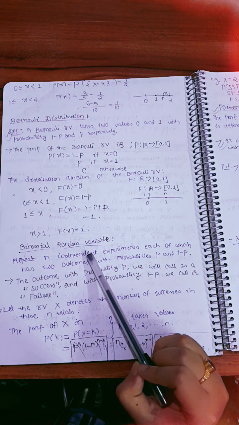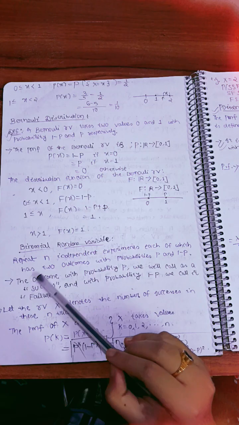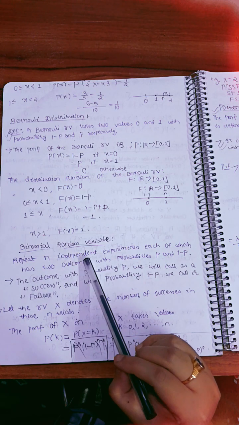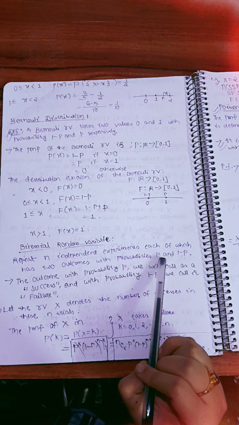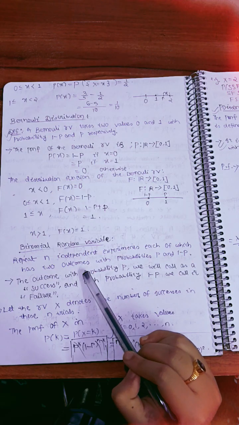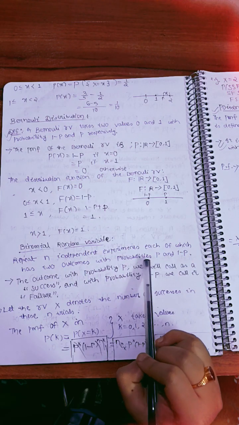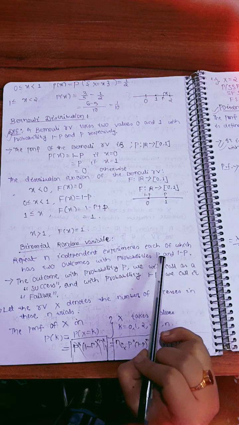Now binomial random variable. Repeat n independent experiments, each of which has two outcomes with probabilities p and 1 minus p.